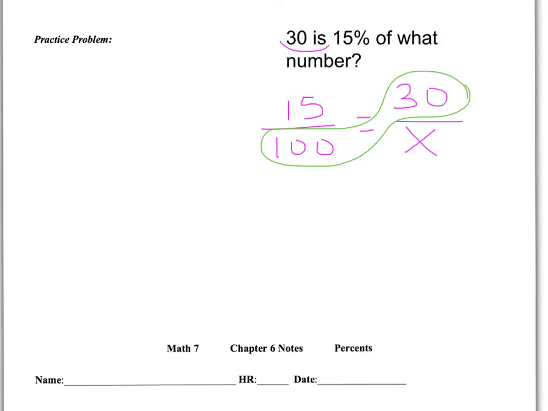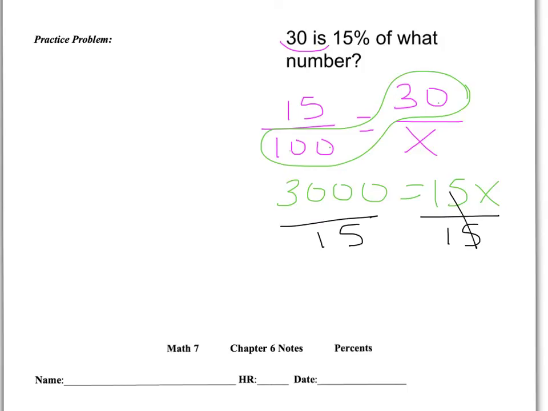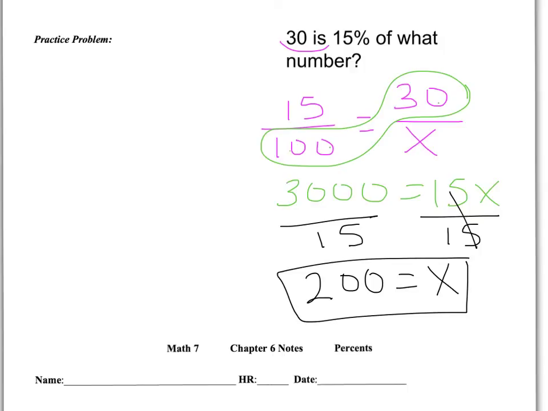So my cross products are 3,000, because I got those 3 zeros, equals 15x. Now I get to divide by 15 on both sides, and 3,000 divided by 15 is 200. So that is our number, 200.